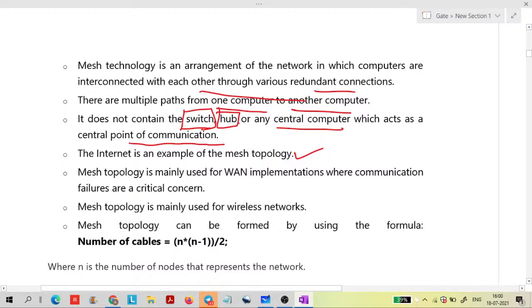Mesh topology is mainly used for wide area network implementations where communication failures are a critical concern. It is also used for wireless networks.